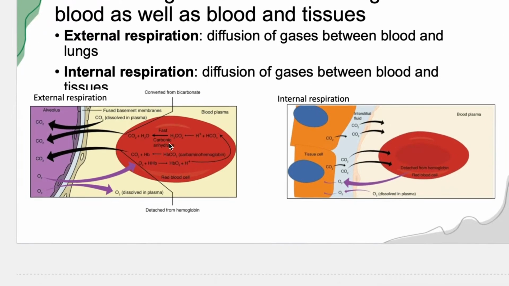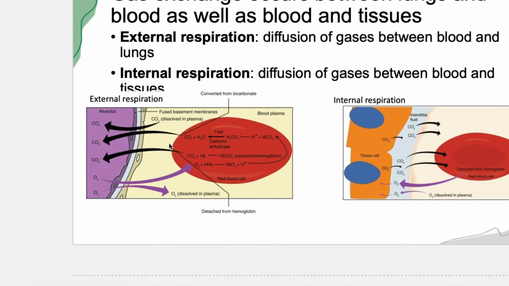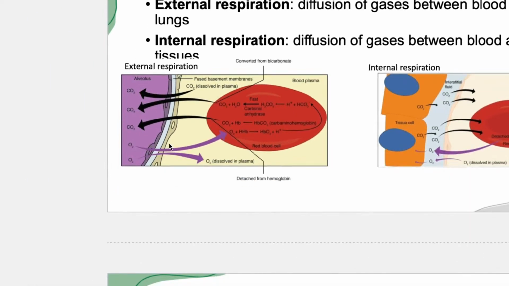Right. So here we can see in the external respiration, some oxygen is being dissolved into plasma, but a lot more is being dissolved into our hemoglobin.